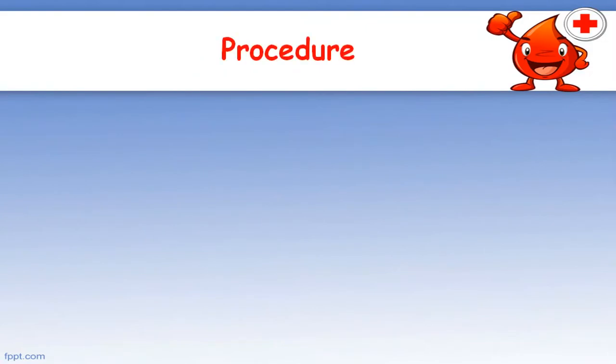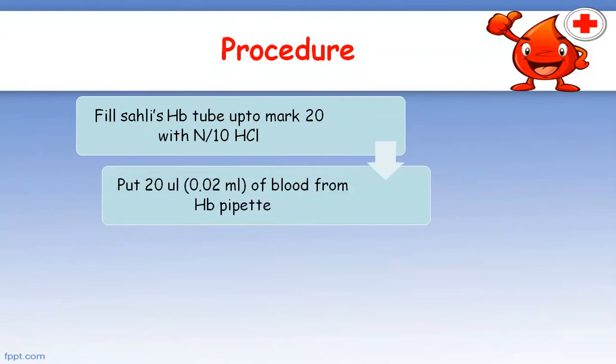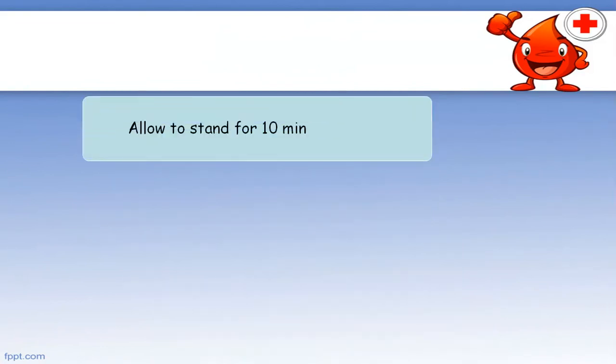Next one is procedure. First, fill the Sahli's hemoglobin tube up to the mark 20 with 0.1 normal HCl. Then take 20 microliter or 0.02 ml of blood from the hemoglobin pipette. Add the blood sample to the acid solution. This acid solution is mixed with the stirrer. Allow it to stand for 10 minutes.